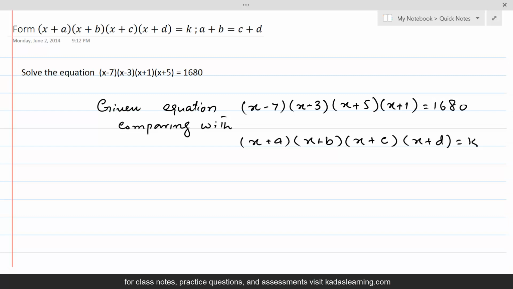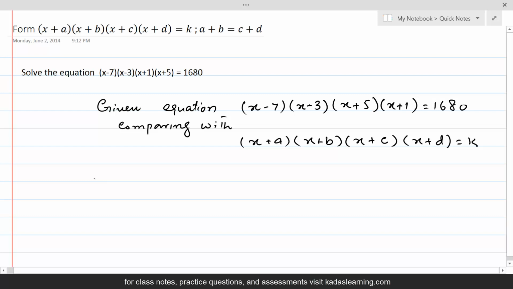It means that we should regroup these factors in such a way that the sum of the two constants in one group is equal to the sum of the constants in the other group.